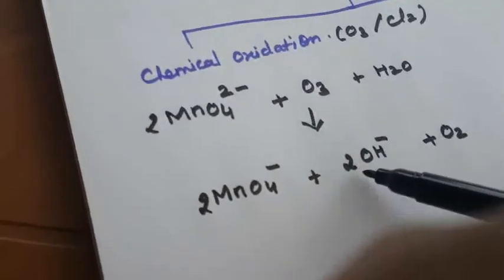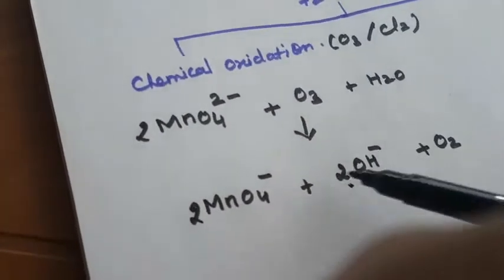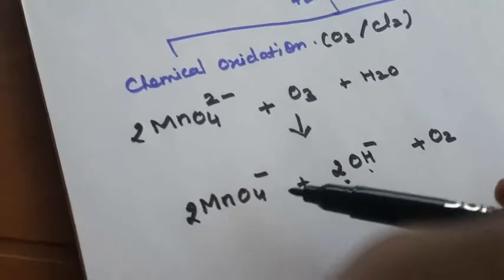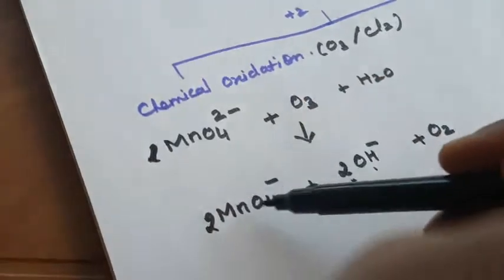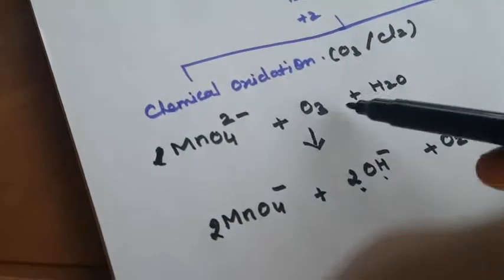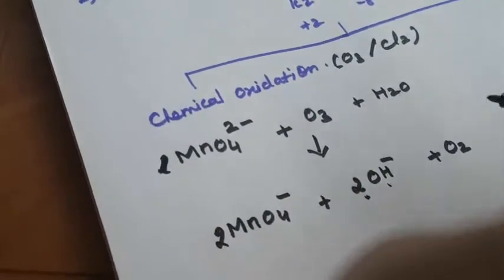According to the hydrogen, 2 hydrogen, so I am writing 2 oxygen. Then 2MnO4 and also 2MnO2 to balance the equation. The 2 minus charge is on both sides, and according to the charge, oxygen is 3. You can calculate this to balance it.